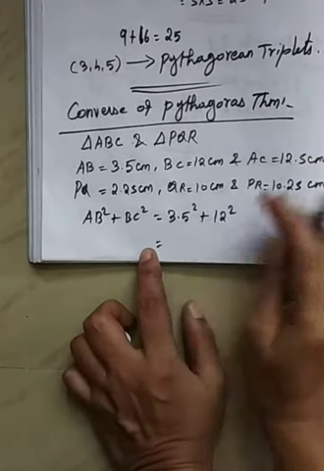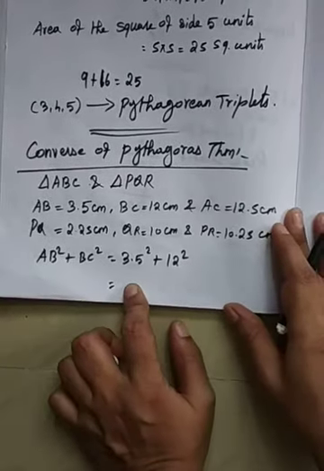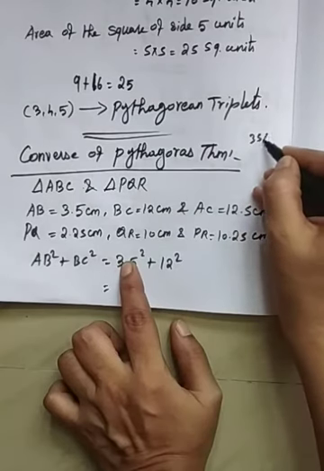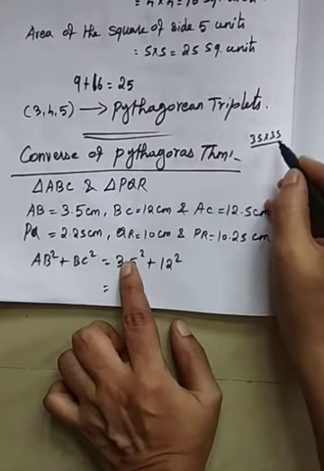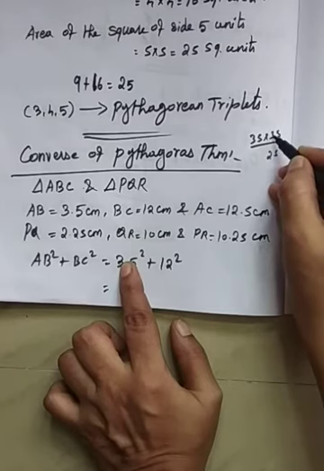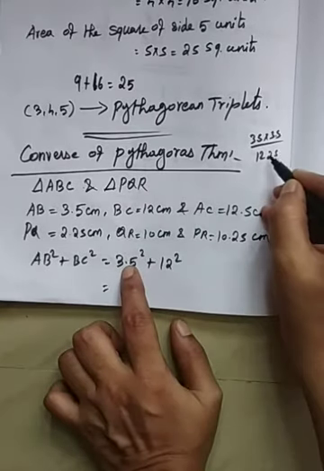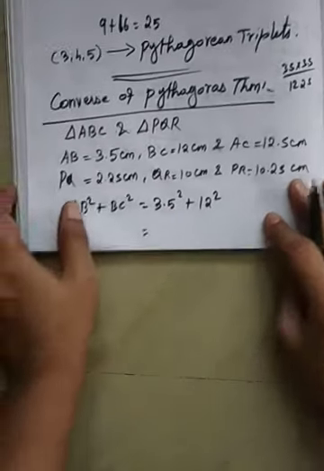For 3.5 squared, first remove the dot and multiply 35 into 35. 5 5s are 25. After the 3 comes 4, and 4 3s are 12. Since the dot is there, you put 12.25.